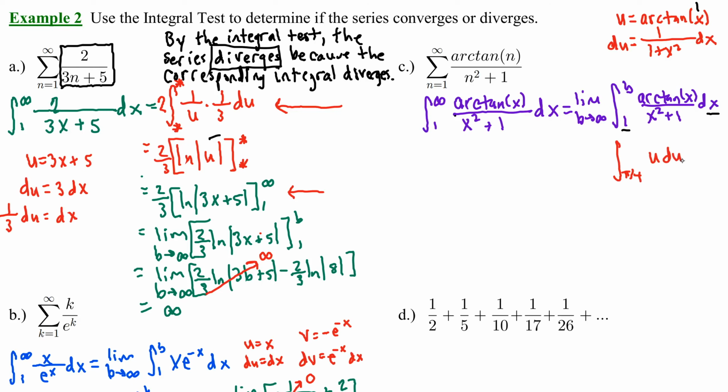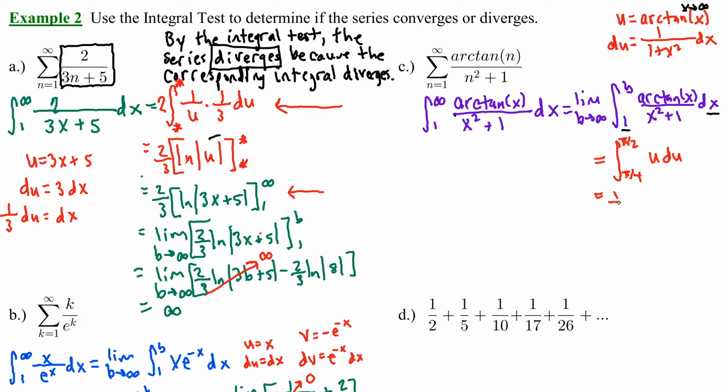Let's see what happens as x approaches infinity. As x approaches infinity, arctangent of x approaches pi over 2. Isn't that interesting? So we no longer have an improper integral. We've evaluated the limit moving from x to u, and now we have a definite integral.